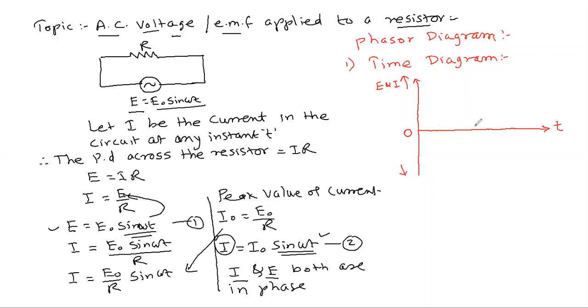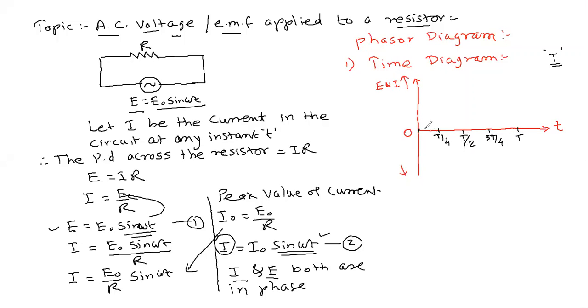Let us divide the total time period into 4 parts, that is T by 4, T by 2, 3T by 4, and T. So the time period T I have divided into 4 parts.